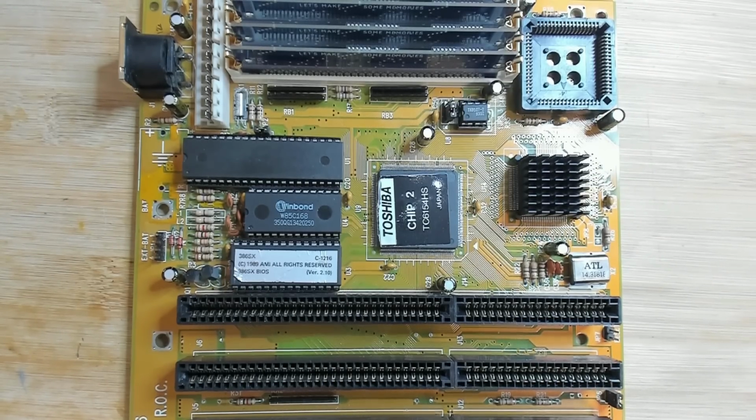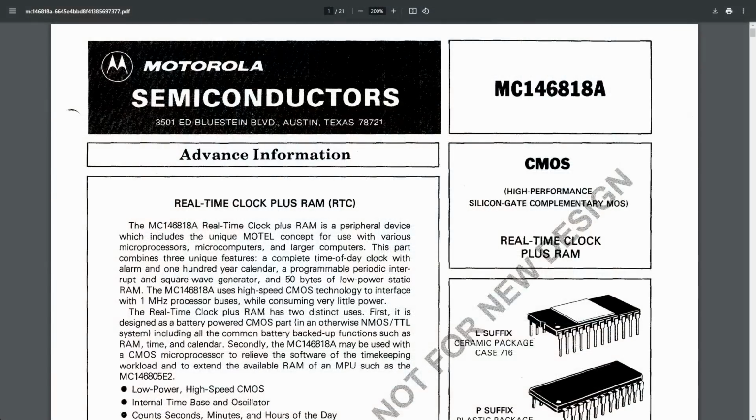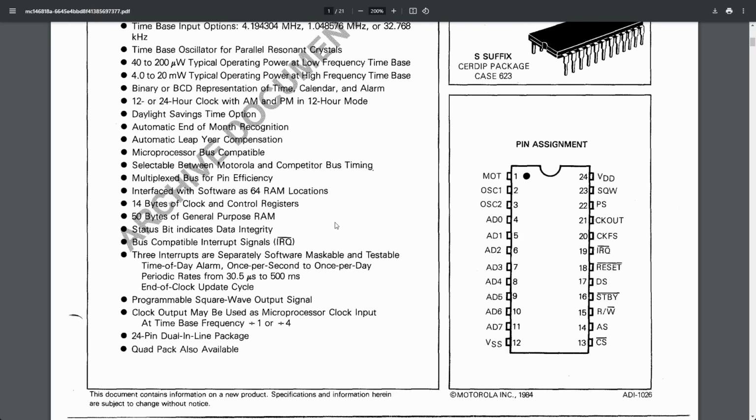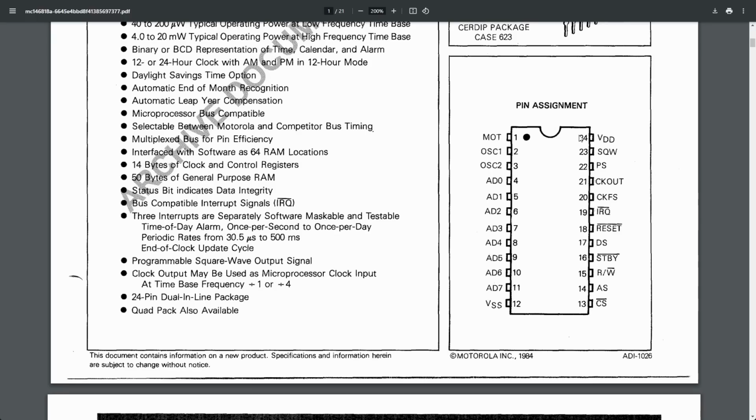Unfortunately, as I said, I couldn't find a datasheet for this chip, but with a datasheet of a similar real-time clock chip, we may be able to figure out how our chip works. So let's scroll down and see if we can find some pinout diagram. And you can see here that we have all kinds of pins related to addressing. And we seem to have 2 pins that are somehow related to oscillators, OSC.